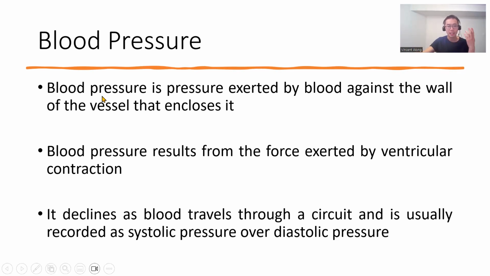It's just a definition of blood pressure and how it changes as it goes through the circuit. It declines as you go further and further away from the heart. We measure blood pressure using two numbers, the systolic pressure and the diastolic pressure. More on that later.